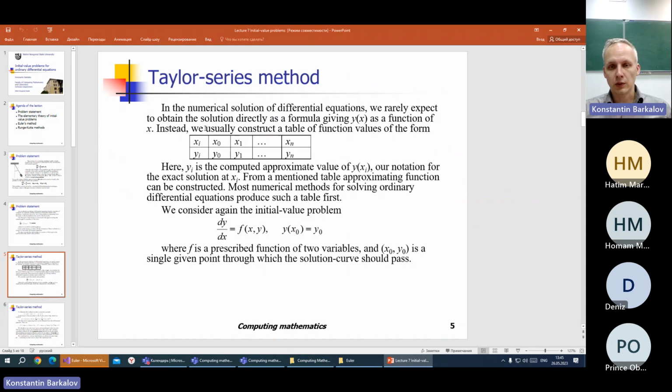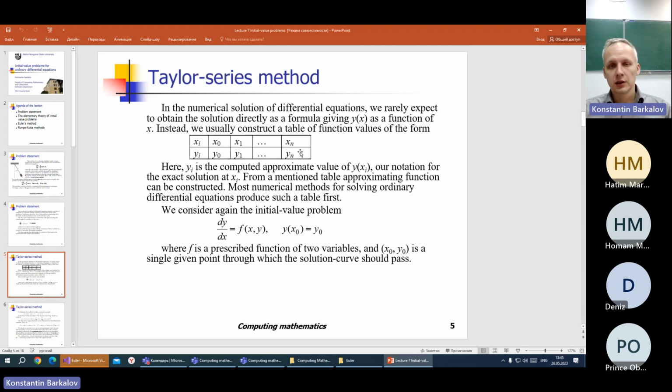In our case, we are going to find such a table of values: x0, x1, and so on, xn, and the values of y: y0, y1, and so on, yn. Here, the points xi are known.